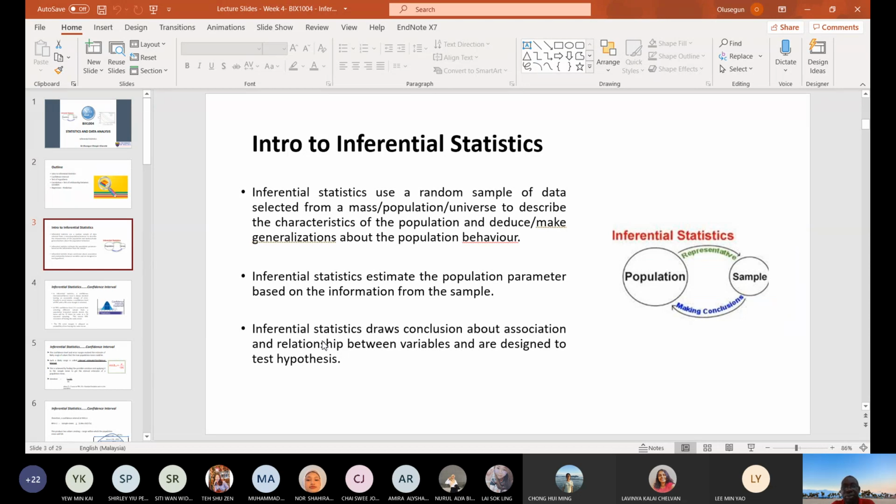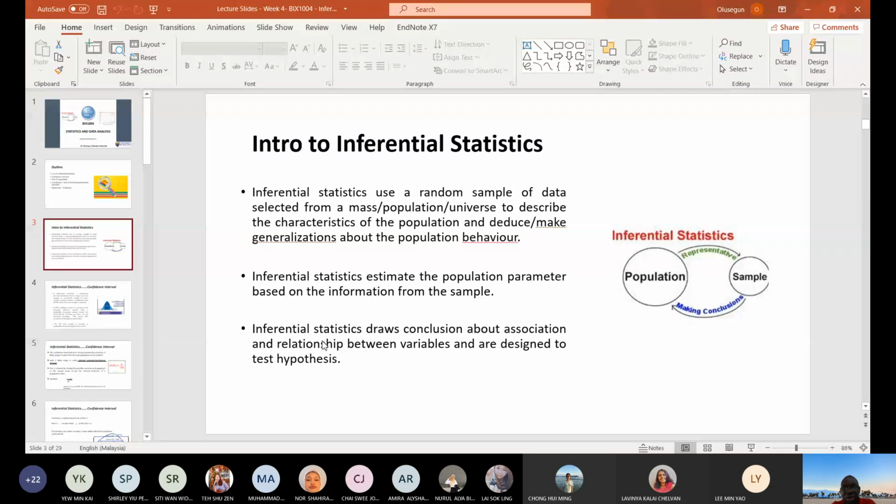So as an introduction, as I said, inferential statistics use a random sample of data selected from the population. This is used to make a generalization about the population behavior. So it is an estimate of the population based on the information that is gotten from the sample.